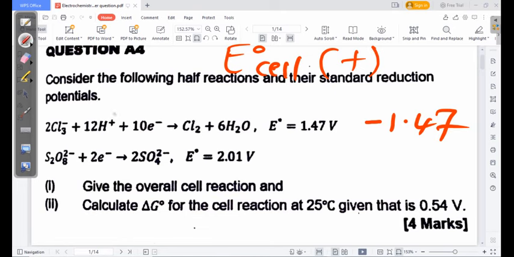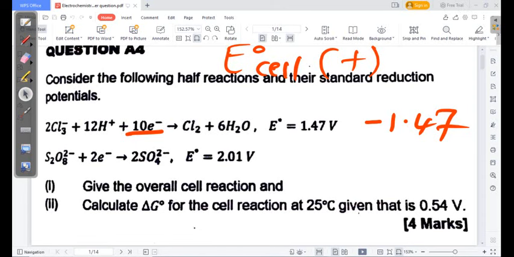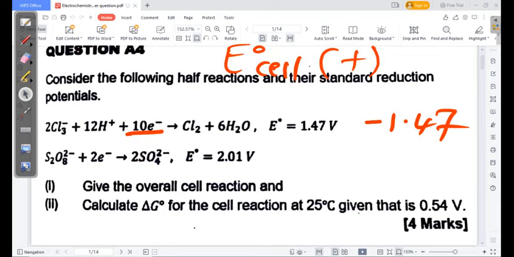We have 2 electrons, there we have 10. What do we do? Multiply by what? Okay, good, 5, so that we balance the number of electrons. So it becomes 10, 10.